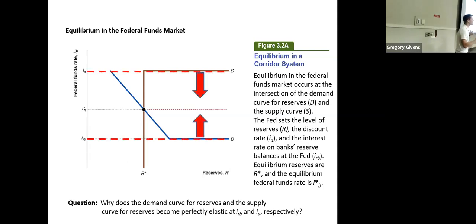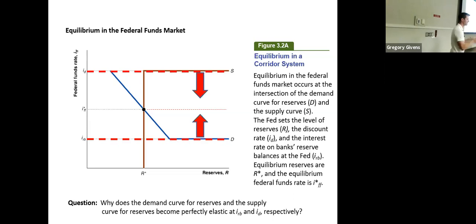That's the sense in which this operating procedure is called a corridor system, because the federal funds rate that the Fed can try to target is going to be determined by the intersection of the supply of bank reserves with the demand for bank reserves, somewhere between this corridor or channel established by the floor, which is the interest rate on reserve balances, and the ceiling, which is the discount rate. That's why this system has been called a corridor system, okay?